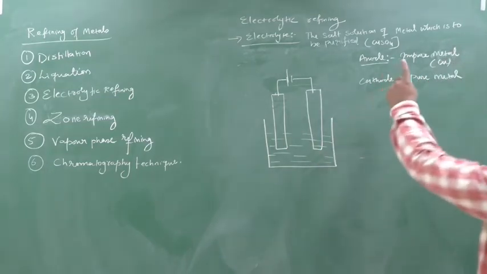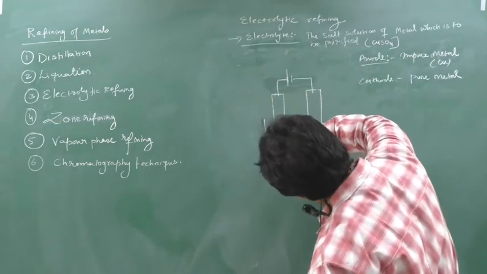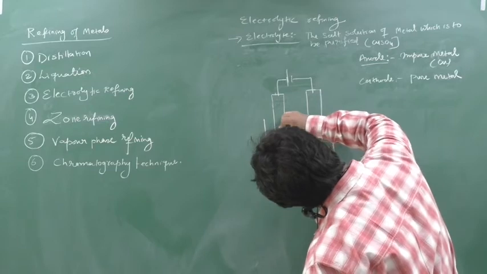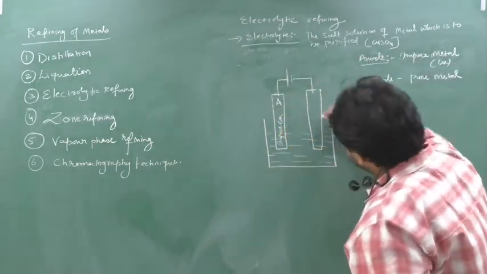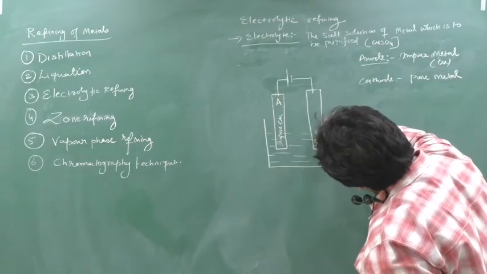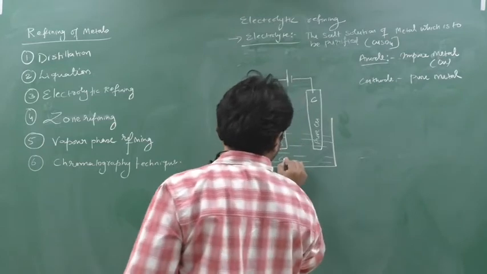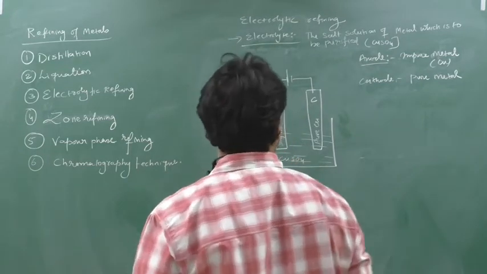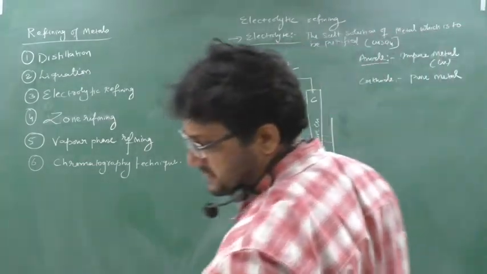So I take impure copper as the anode, and a pure strip of copper as the cathode. And here I have CuSO4. Clear? Plus and minus. So this is plus, this is minus.